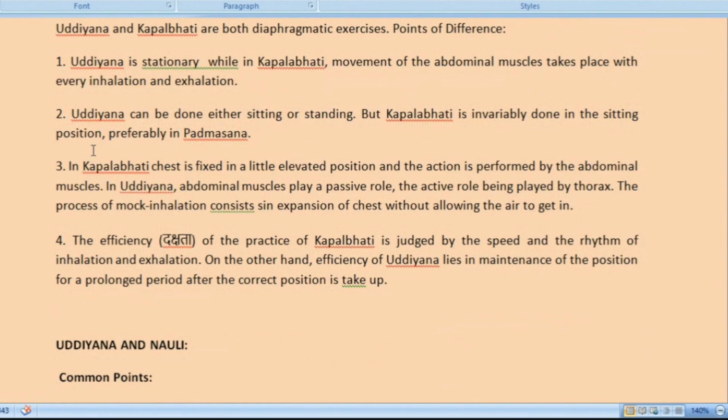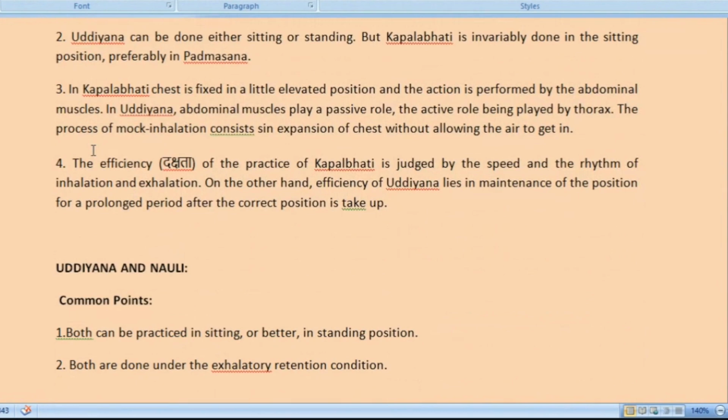preferably in Padmasana. Third point, in Kapalbhati, the chest is fixed in a slightly elevated position and the action is performed by the abdominal muscles. In Uddiyana, abdominal muscles play a passive role, the active role being played by the thorax.